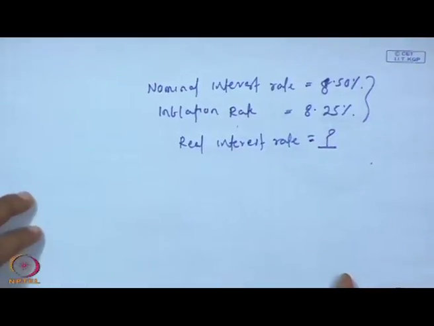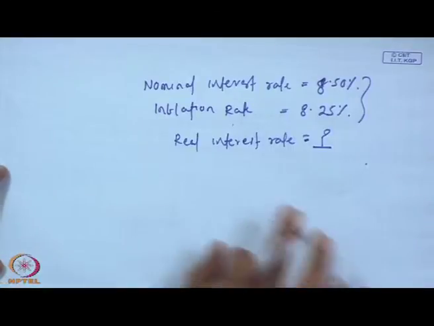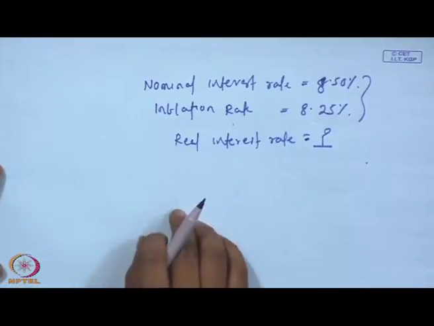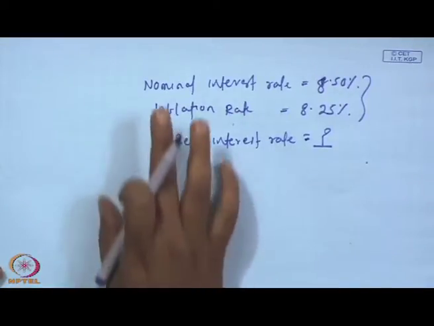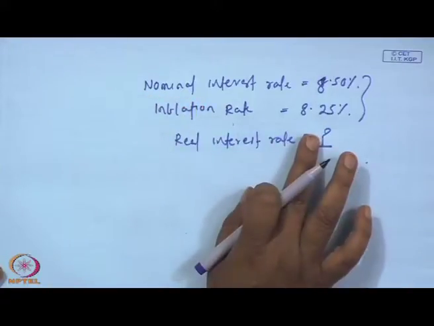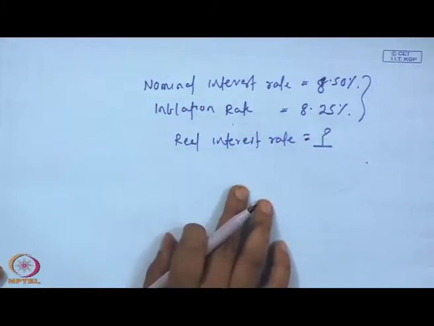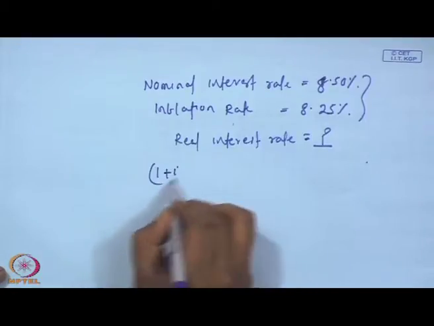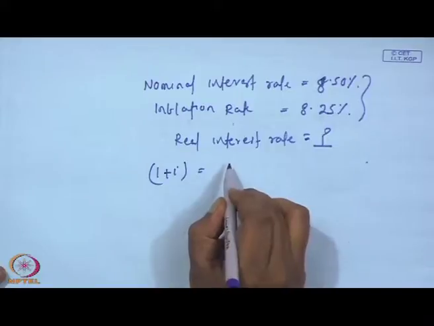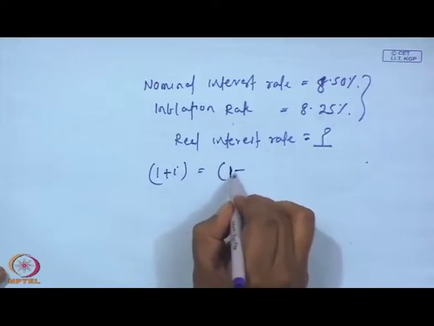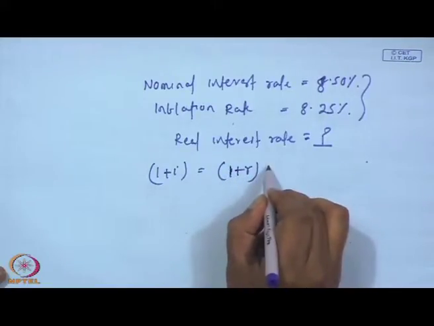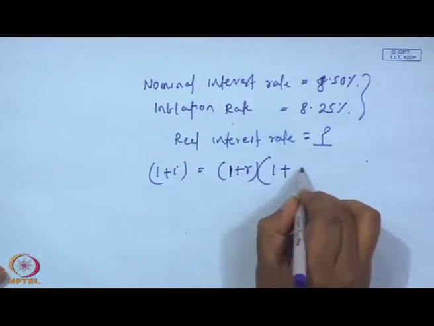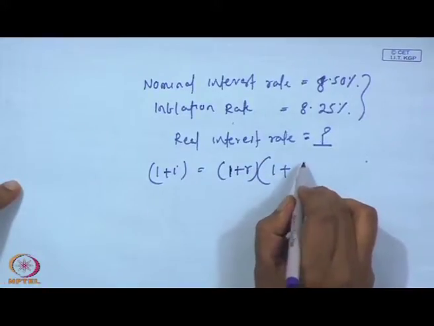Now, when you mention real interest rate, it is adjusted for inflation. So, our nominal interest rate when adjusted for inflation rate gives us the real interest rate. Our formula, as I mentioned earlier: 1 plus I is the nominal interest rate, 1 plus R is our real interest rate, 1 plus inflation rate.